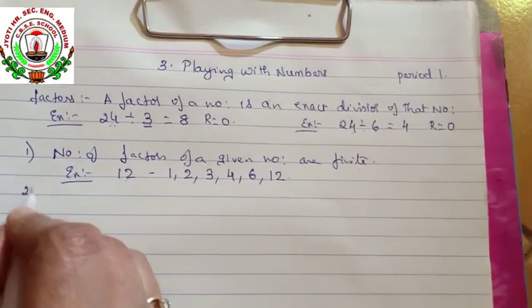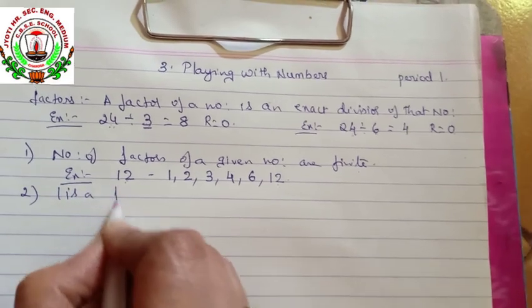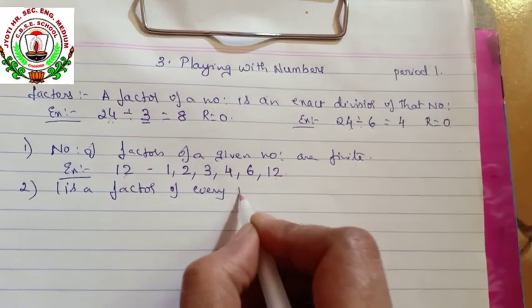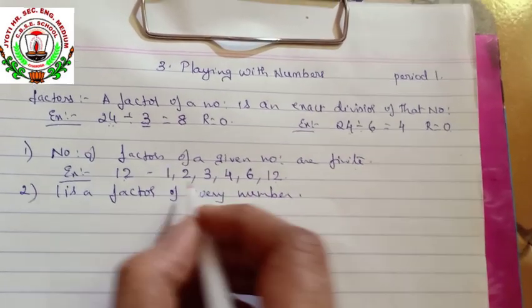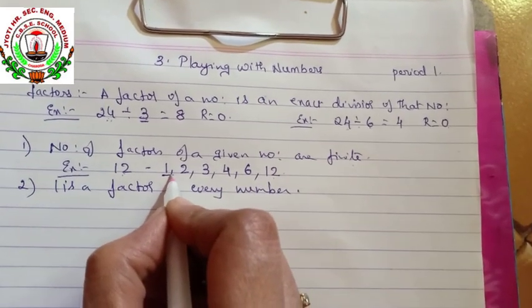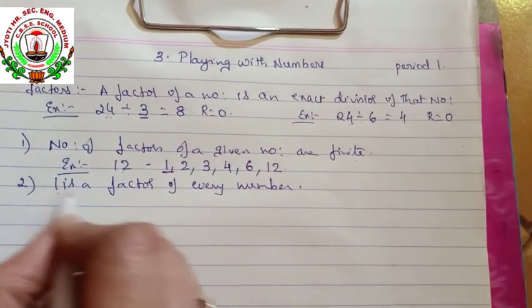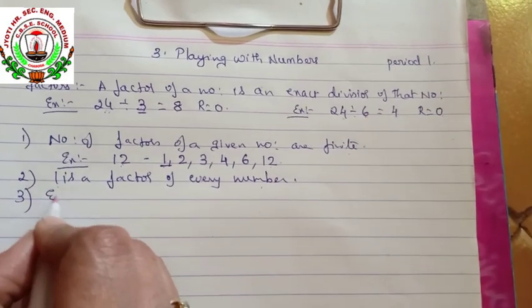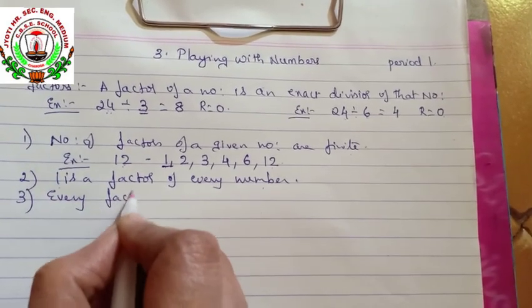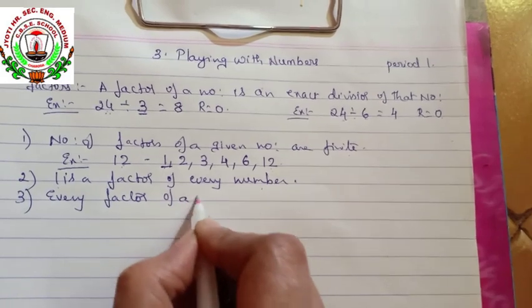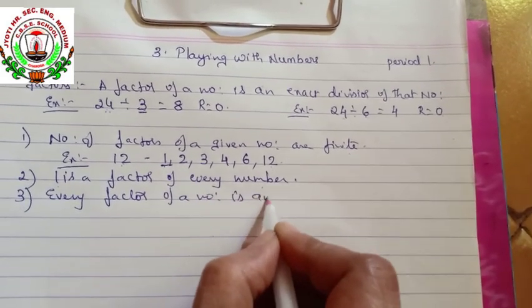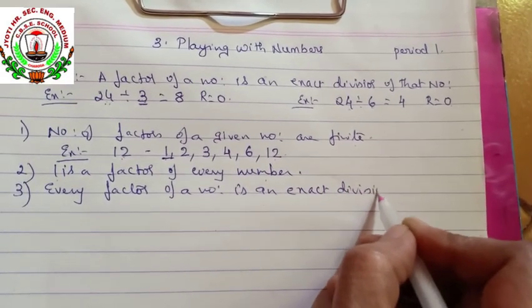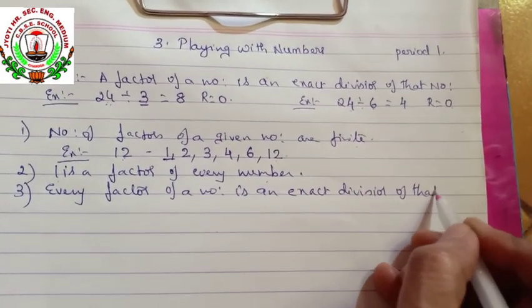The second one is 1 is a factor of every number. When we write any factors, 1 will be there. So 1 is a factor of every number. Next, the third one: every factor of a number is an exact divisor of that number.